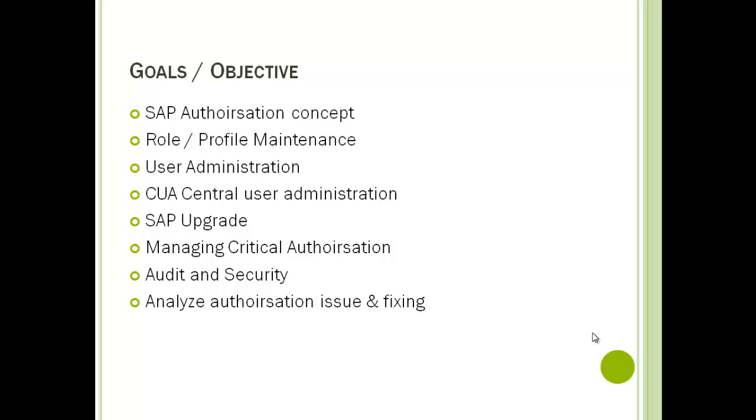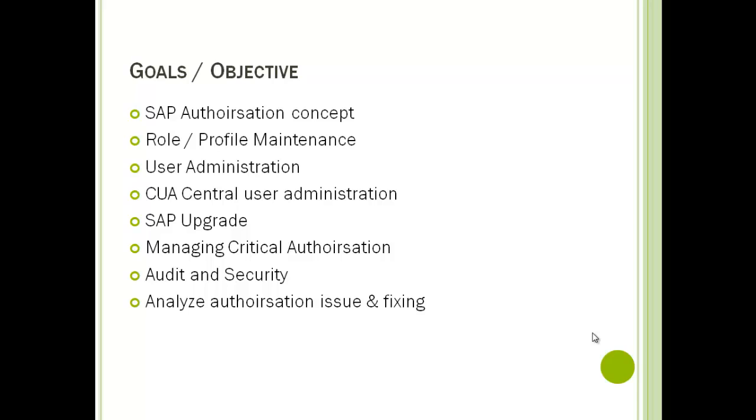This we will learn in this course, as well as audit and security, audit policies, how to set up the audit information system, and we will also see how to maintain the security within the SAP system. Security here means not authorization or users, but the security for the SAP system, that is the password policies and other security parameters, how to set these up and how to monitor them.